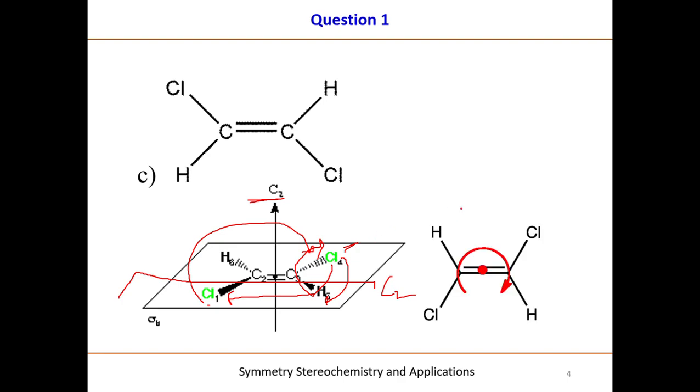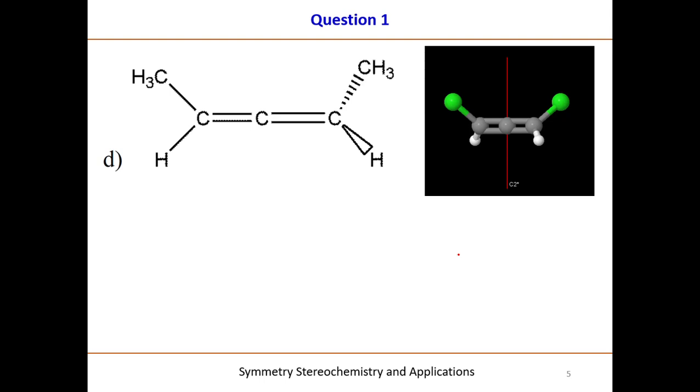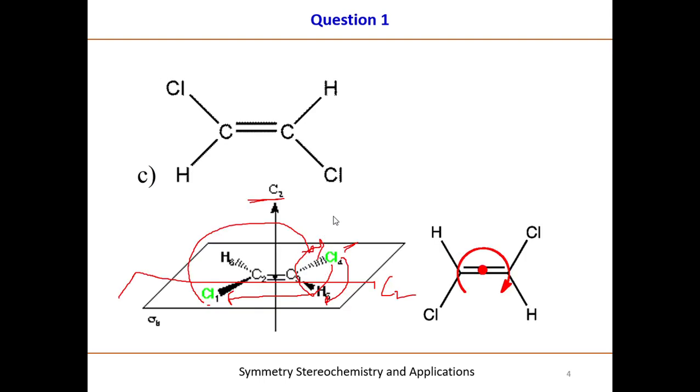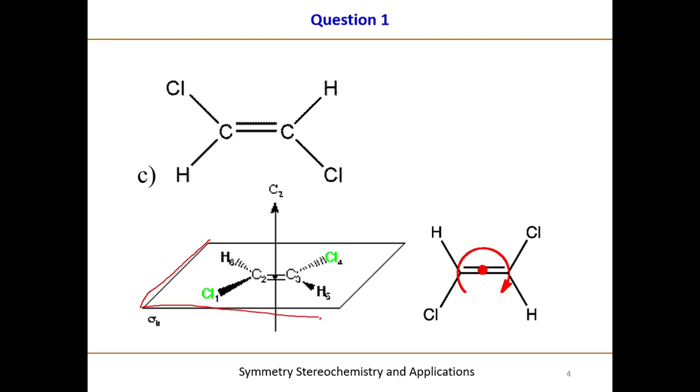Now you will see here, if I pass a plane over here, this plane cuts this molecule into two halves, and all the atoms are cut into two halves. That means it will become an indistinguishable image of the original one, because all the atoms are cut the same way, and the image downside of this plane will look the same as the original one.